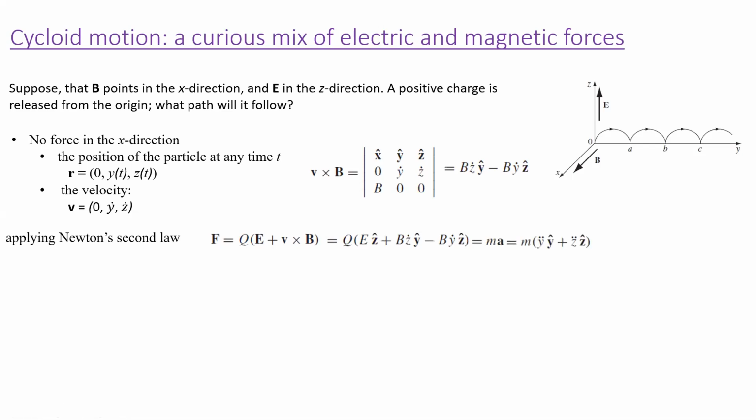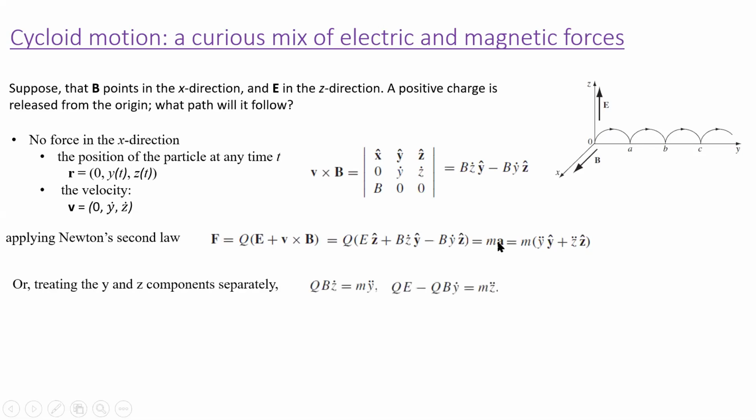And F is equal to MA, and for A here, we can exclude the x direction because we know there's no motion in the x direction. So it's just going to be M times, since we're in Cartesian coordinates, y double dot y hat plus z double dot z hat.